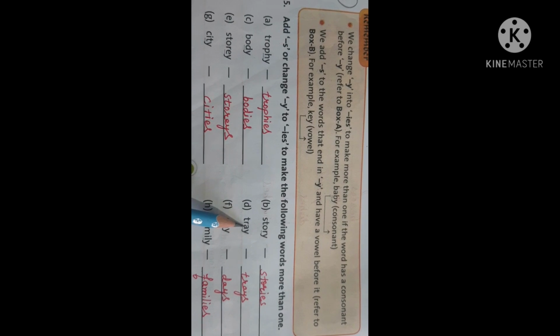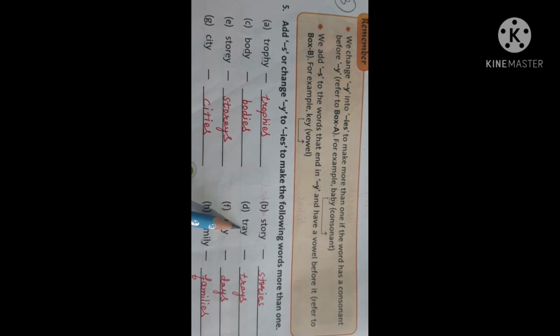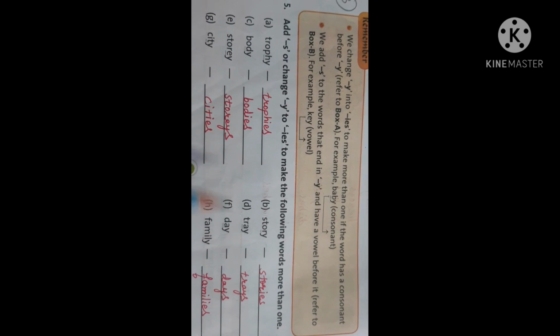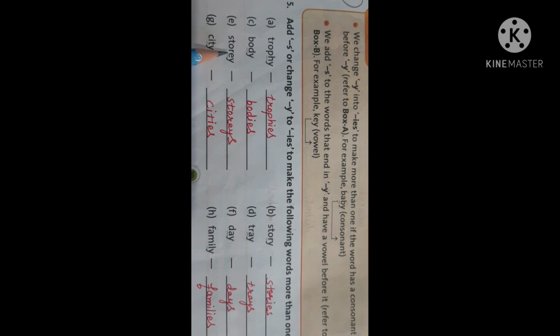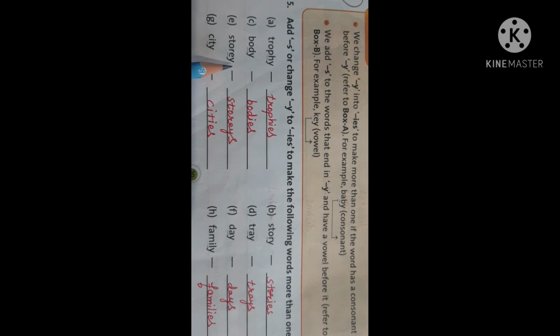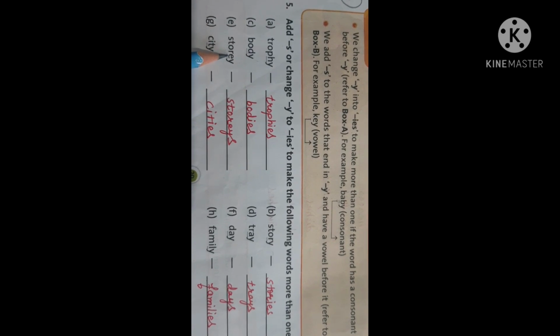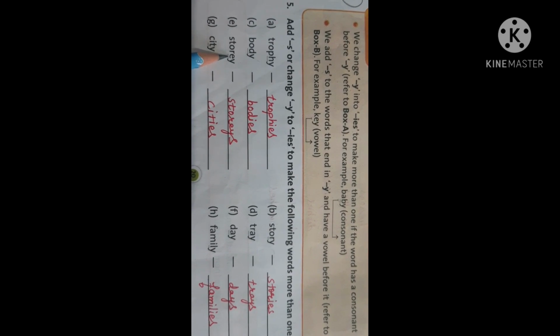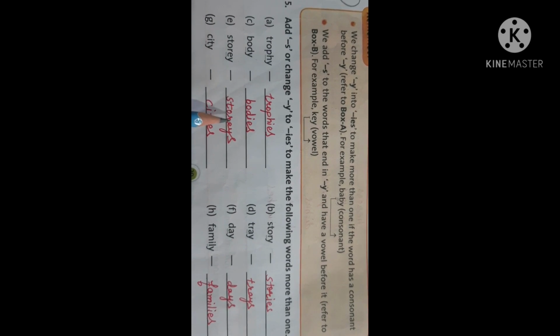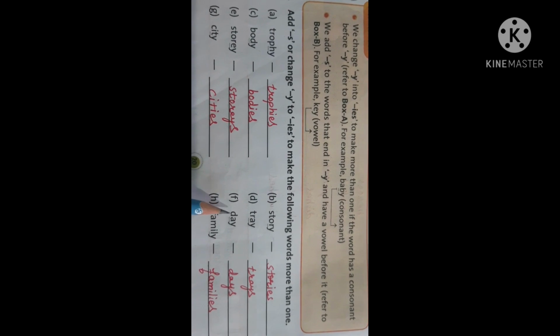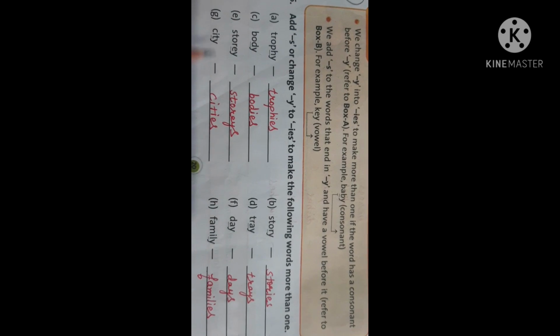Trey, here you have vowel plus y, and whenever we have vowel plus y, according to the rule we will simply add s, right? So trays. Then storey, children, this STOREY means level of building, right? So EY, E is your vowel, so according to the rule we will simply add s in the end to make the plural form. Storeys. Day, vowel plus y, days.